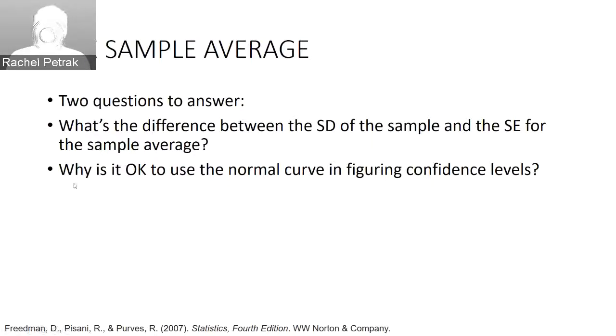And it's okay to use the normal curve in figuring out confidence levels when we've used the simple random sample process and our variable resembles a normal distribution. The why here is a bit mathematical. I think what we're getting into in these questions is a bit more mathematical logic than we need to go into.